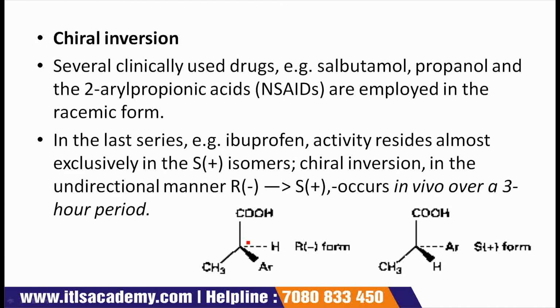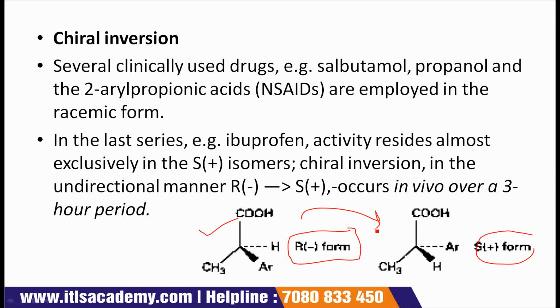You can see here this is a chiral carbon. This is attached to 4 different groups: this is hydrogen, this is an aryl group, this is a methyl group, and this is a carboxylic group. So this carbon will be known as a chiral carbon. The form of this carbon is the R form. These all groups are in the R form, while in the case of the S form you can see these are converted into the S form.